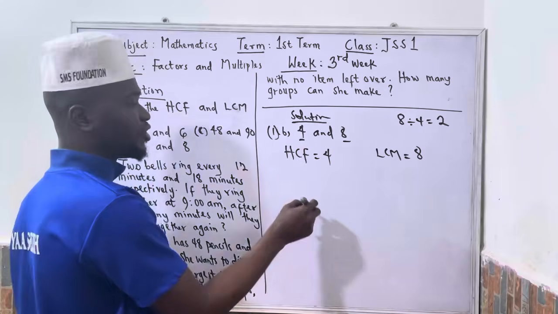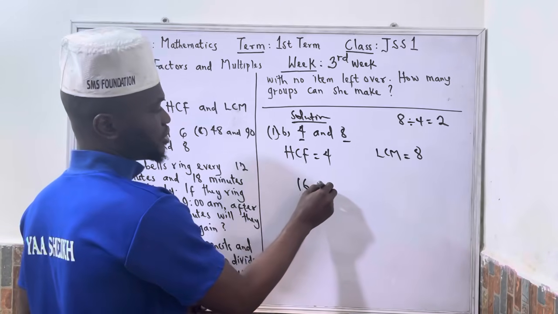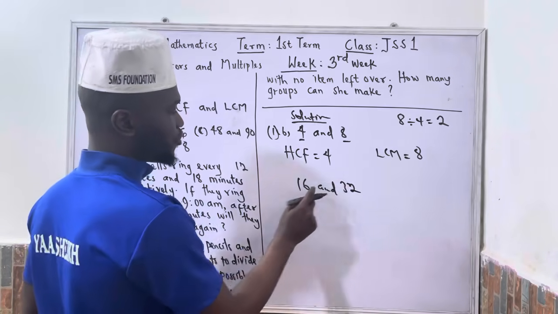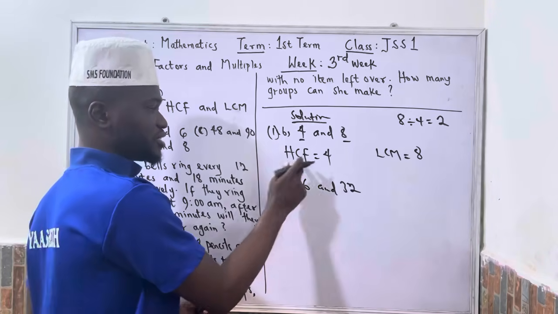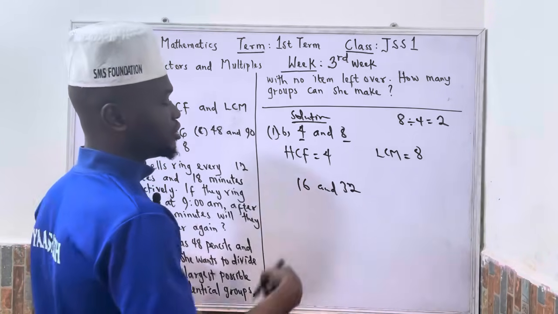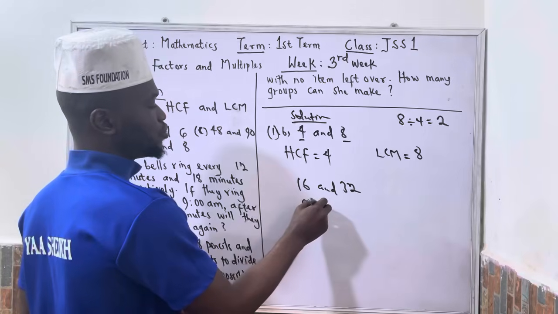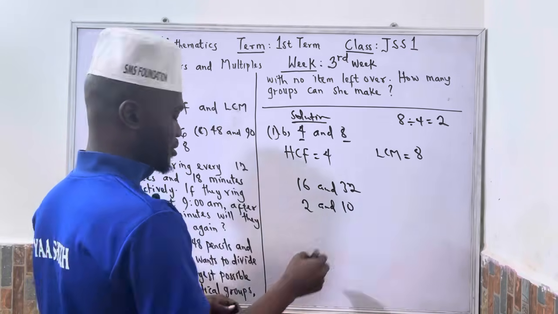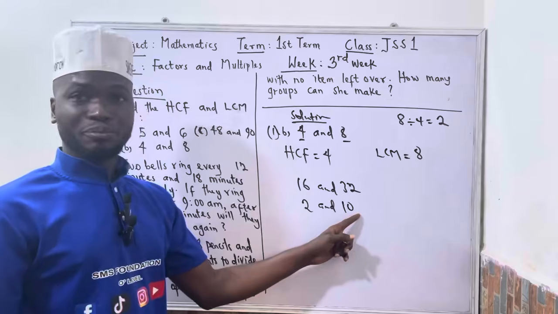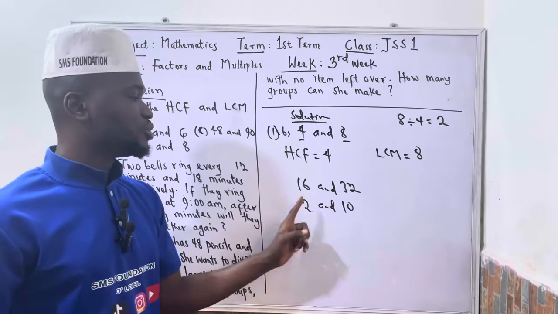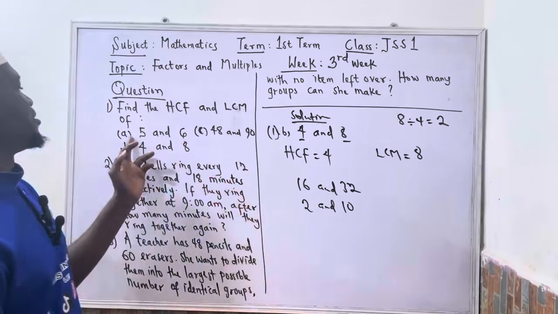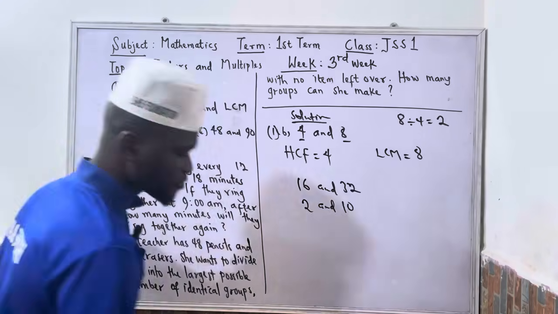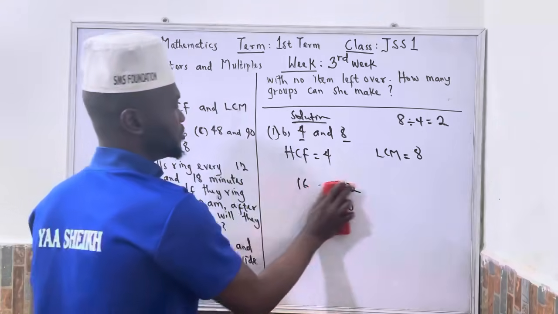For example, if you have 16 and 32, of course 16 can divide 32. So the HCF will be 16 and the LCM will be 32. Similarly, if you have 2 and 10, 2 can divide 10 perfectly. So that means HCF will be 2 and LCM will be 10. So you can have different cases of this one also. Now, let's go for number 3.